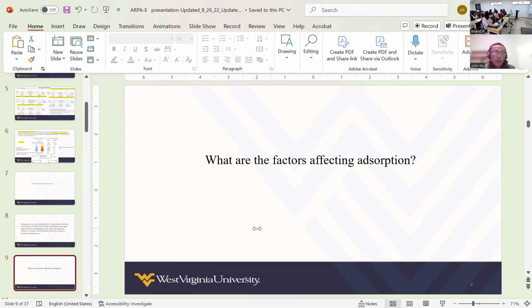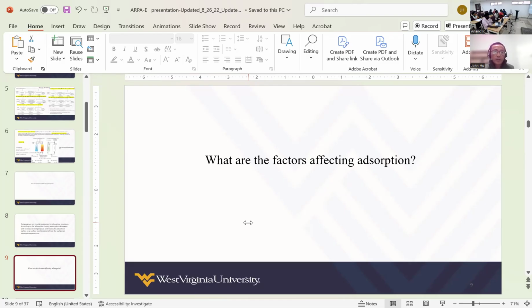Now, in the adsorption process, you have a solid sorbent. Solid sorbent means some material that has to adsorb the ammonia, and then you have ammonia, and then you have a temperature and pressure.